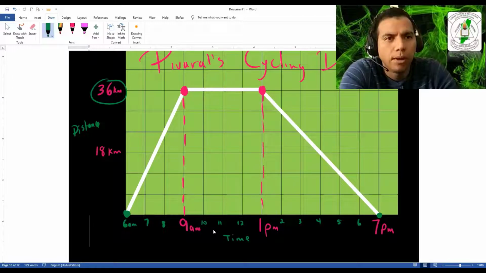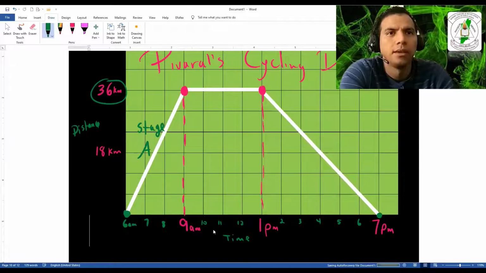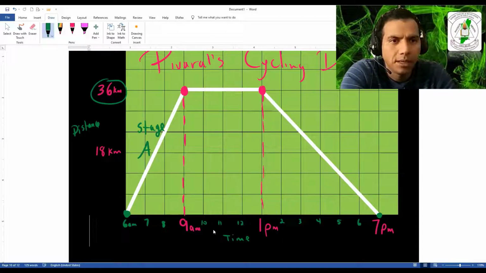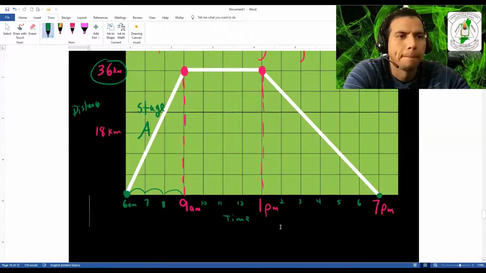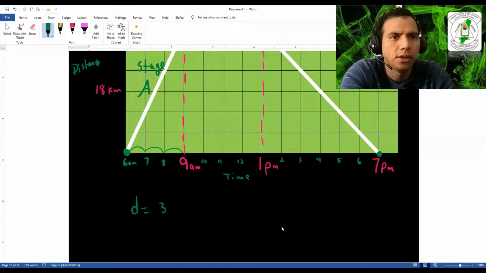If we want to calculate the speed at stage A, let's consider this initial stage A. Remember then that the distance is 36 kilometers and the time in this case would be 1, 2, 3 hours. So distance is equal to 36 kilometers.